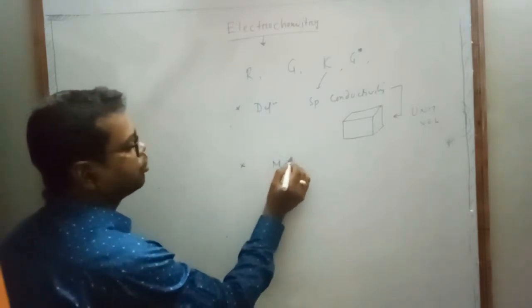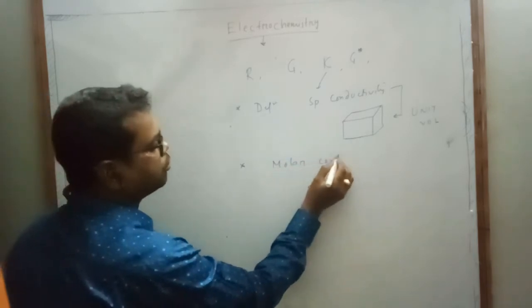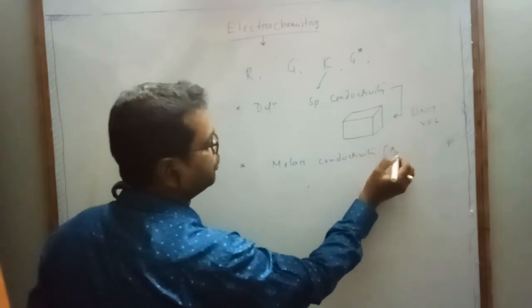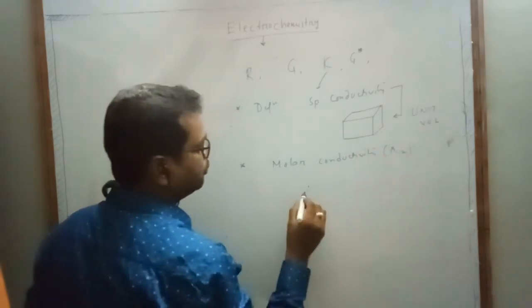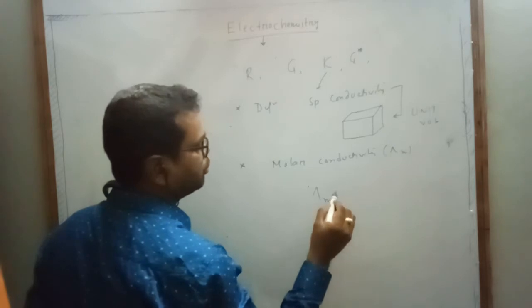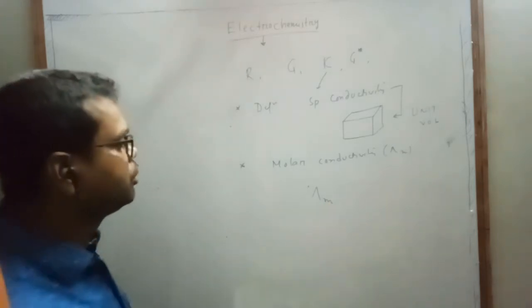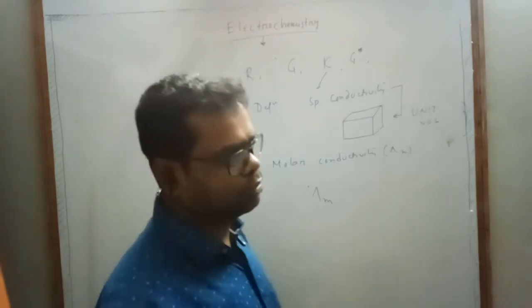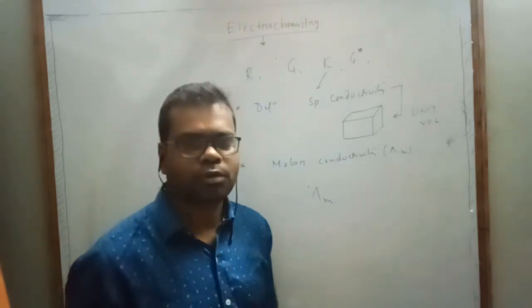Then we have learned molar conductivity. Molar conductivity, lambda m. This is the conductivity of 1 mole of solution placed between two electrodes 1 centimeter apart.